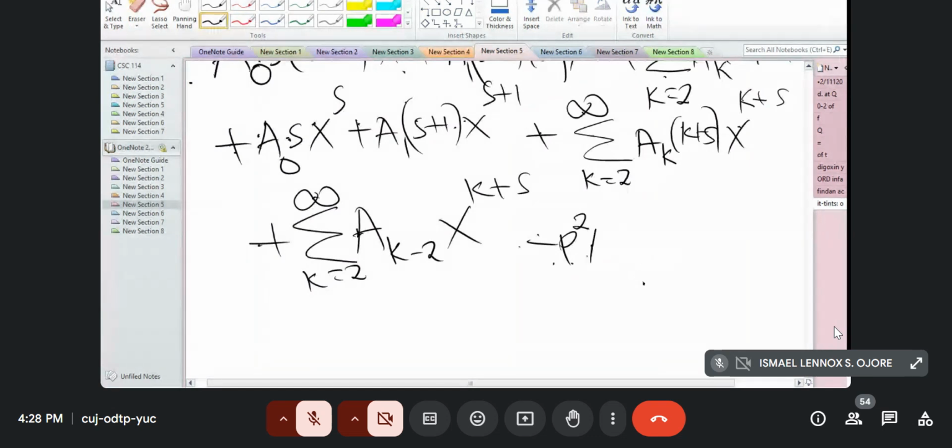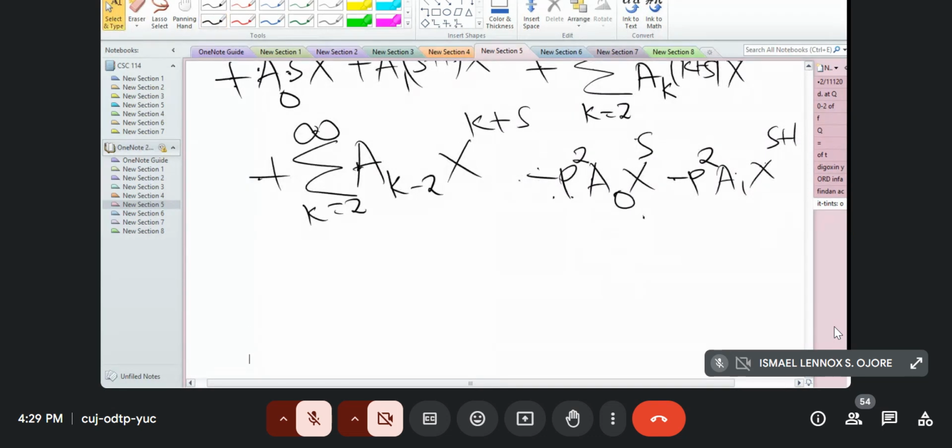Minus p squared A naught x power s, minus p squared A1 x power s plus 1, then minus p squared summation from k equals 2 to infinity A_k x to the k plus s.